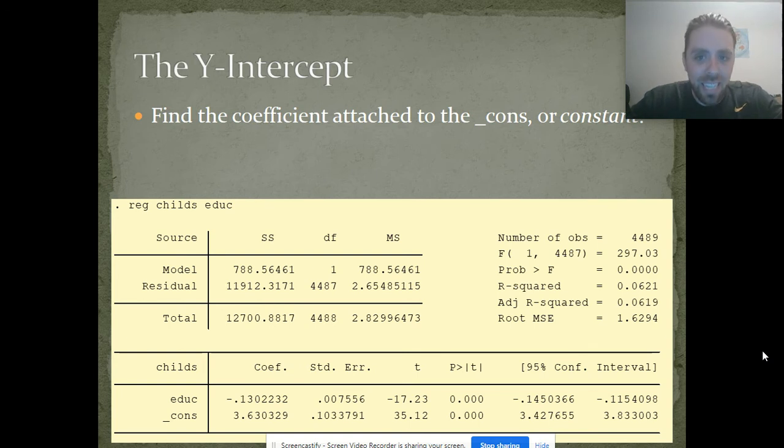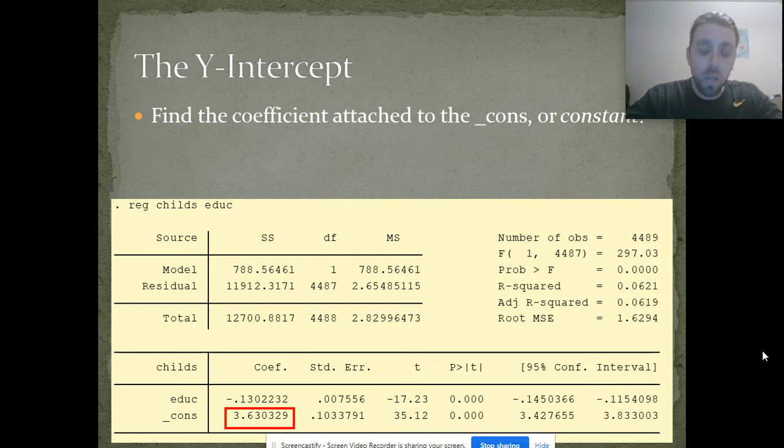The constant, find the row that is attached to underscore CONS, which is the constant of the equation. Right there. So the constant there is 3.630329. So let's just round that to 3.63. That is the Y-intercept of your model here.